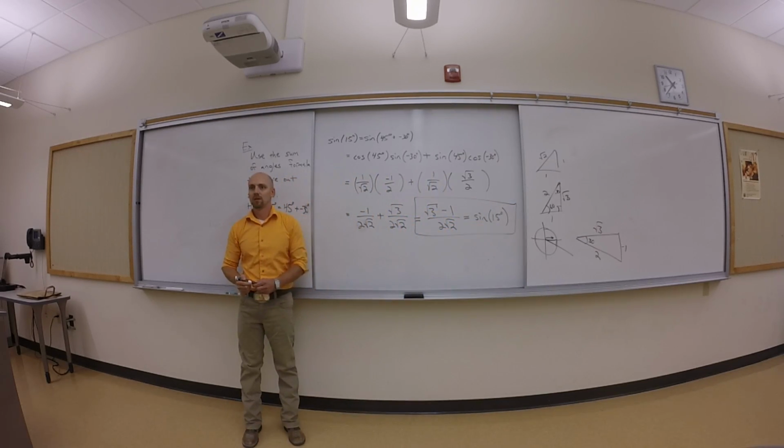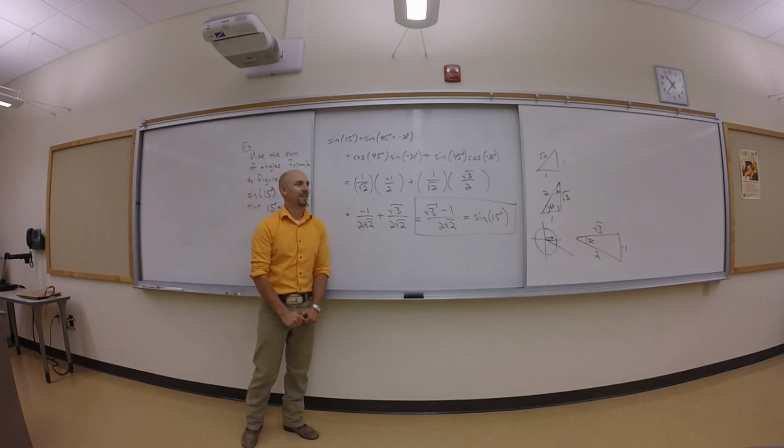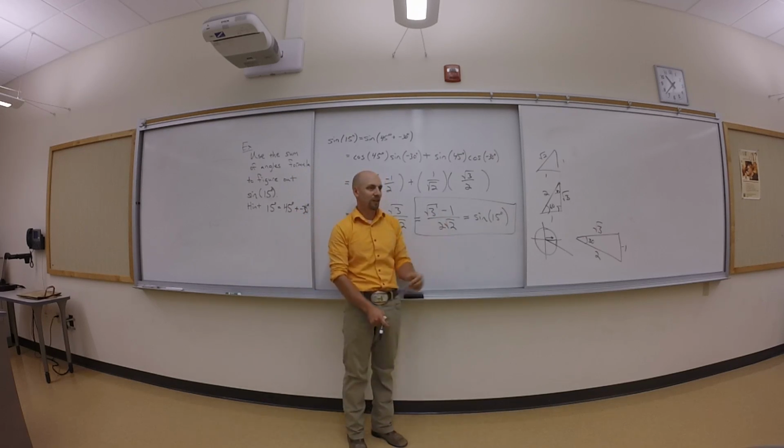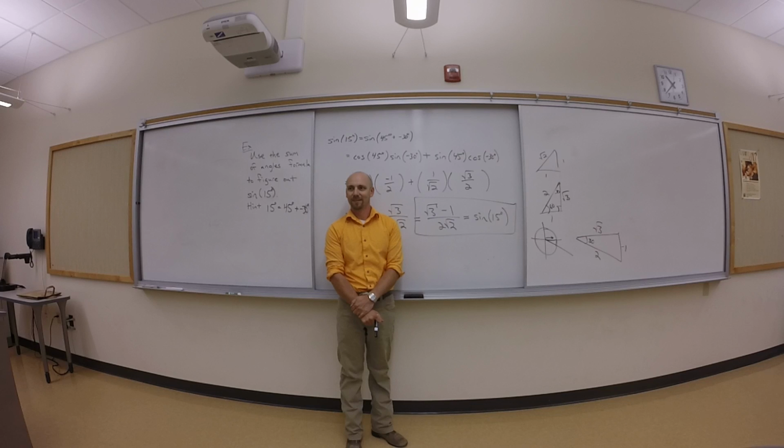Cool? Are the square root of 3 and then negative 1, are those like terms? Can I combine those? No? Why not? Explain to me why not. Why does order of operations tell you that those are not like terms? Because they're not alike.